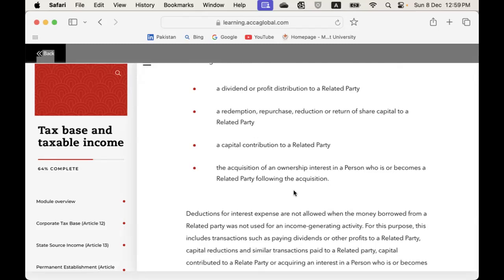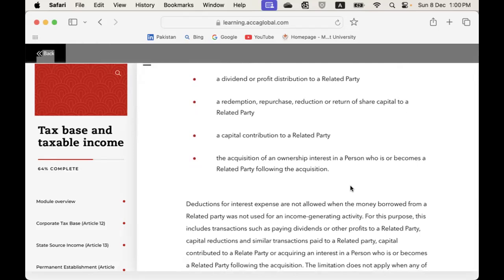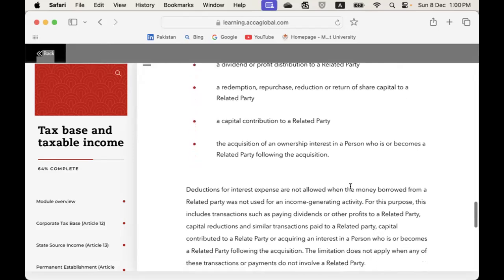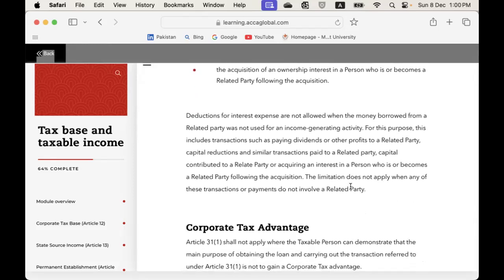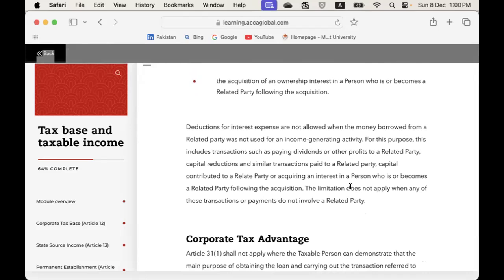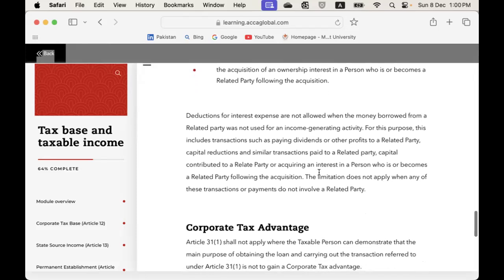So if you have acquired another company which will become a related party following that acquisition, financing that transaction, that interest is also not allowed. So these examples of where interest may be disallowed will be by default excluded from the calculation of net interest expenditure.